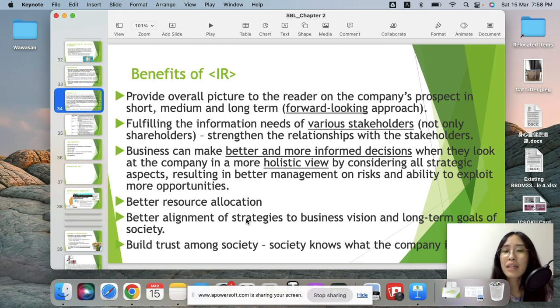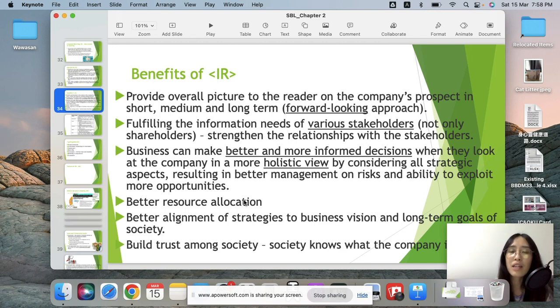And we can better align our strategy to the overall vision because we are looking at the company as a whole now. We are looking at the company in a holistic view with an overview point of view, right? So we are closer to achieving our vision and to stay on our mission, right?